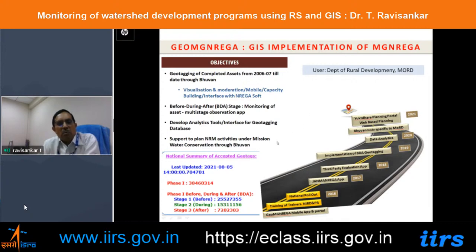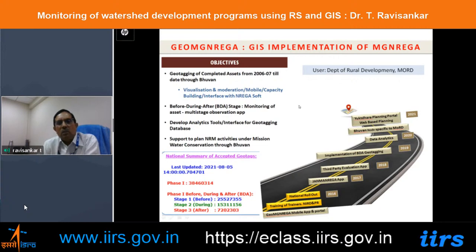This particular project started somewhere in 2015, and initially the ministry, the Department of Rural Development, requested NRSA to develop protocols and other things on one platform. The first stage they asked us was to develop the portal and the mobile app to geotag the assets created under MGNREGA from 2006 till date.